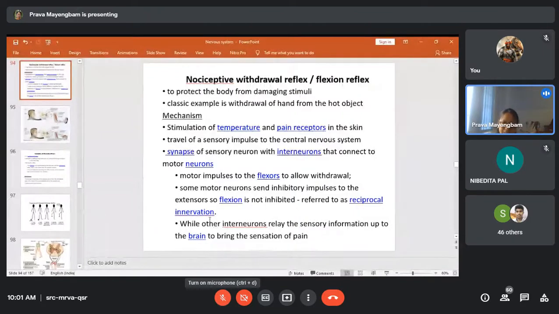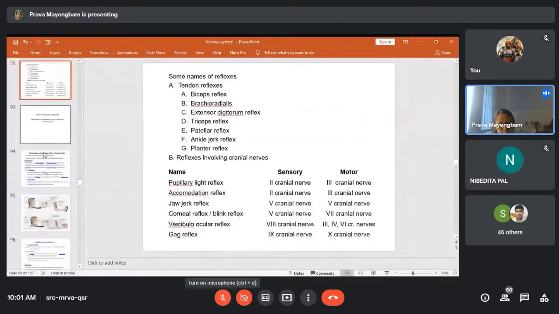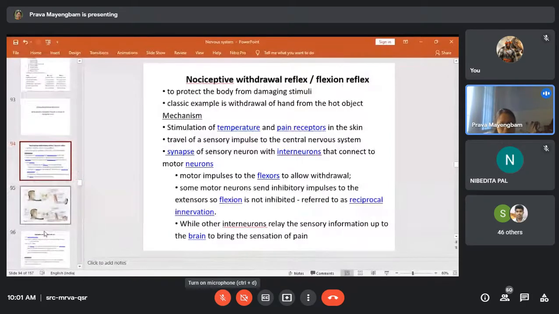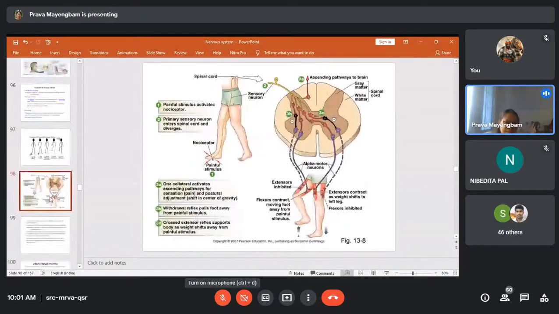How reflexes are classified, and some names of the reflexes. These names you know: the nociceptive withdrawal reflex, which is also the flexor reflex, then the cross extensor reflex. You can cite this example.